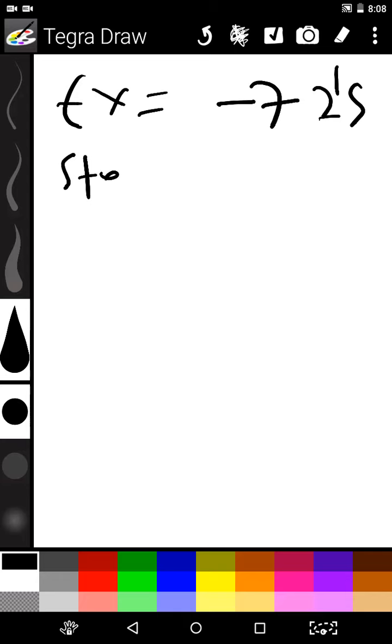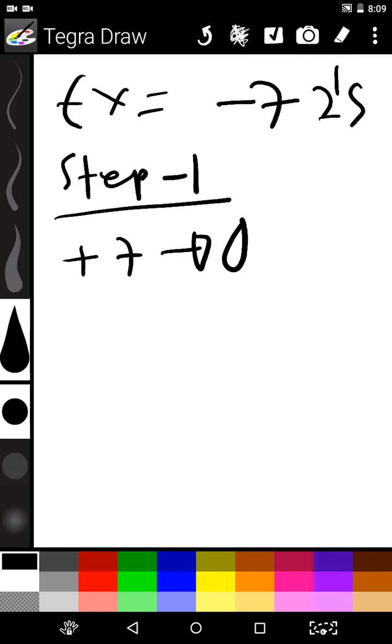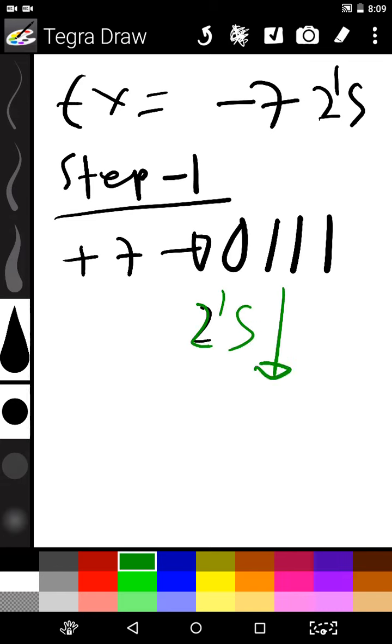Step 1: first represent +7 as a signed magnitude. For signed magnitude representation, +7 is represented with MSB 0 and the rest of the bits for the magnitude of 7. Now take the 2s complement of this. What is the 2s complement of this? The 1s complement will be 1 0 0 0.